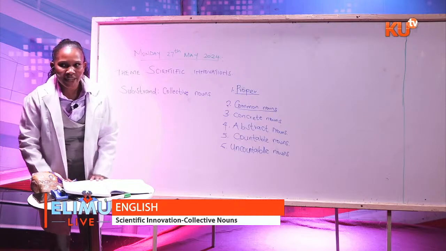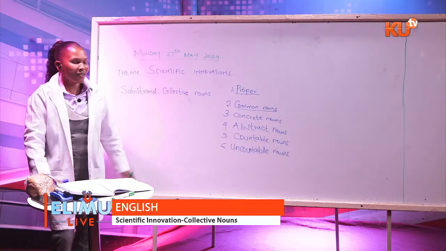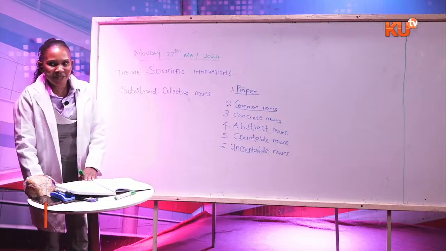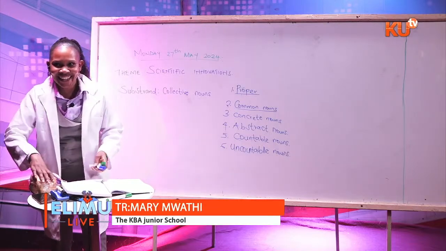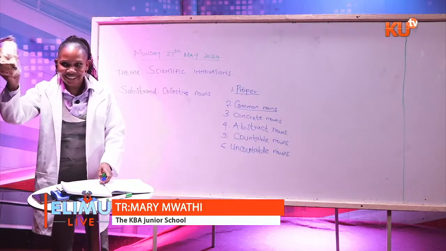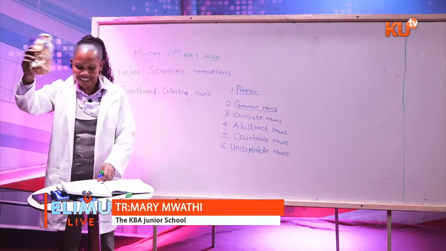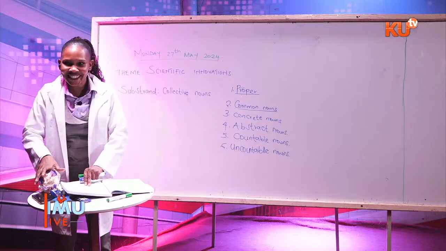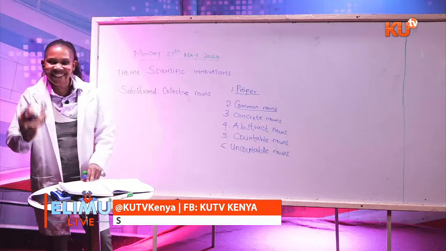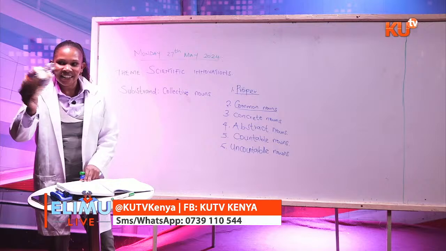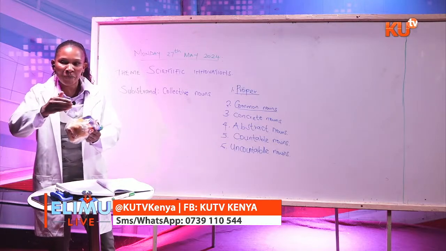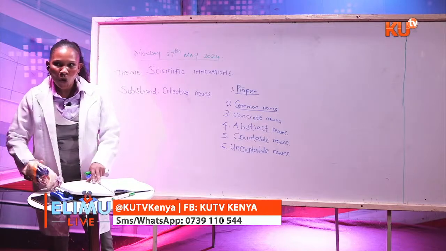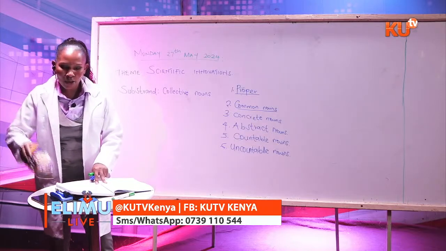We go to the last one, the collective noun, which is our sub-strand today. I am having something here. I don't know what to call it. Yes, you know it. This is a loaf of bread. The bread has so many slices, but in one name we call it a loaf of bread.